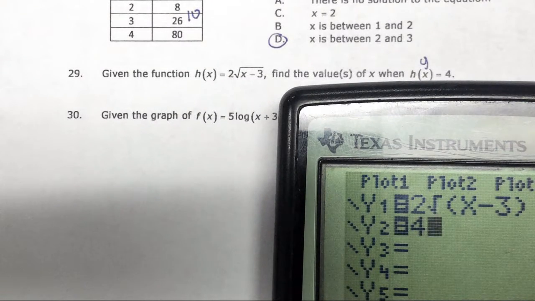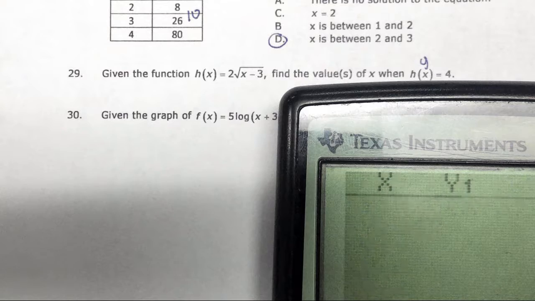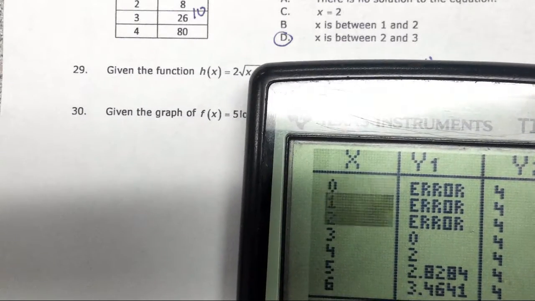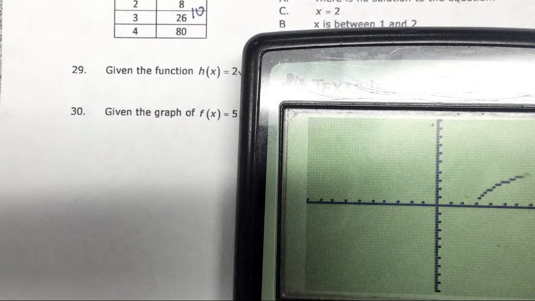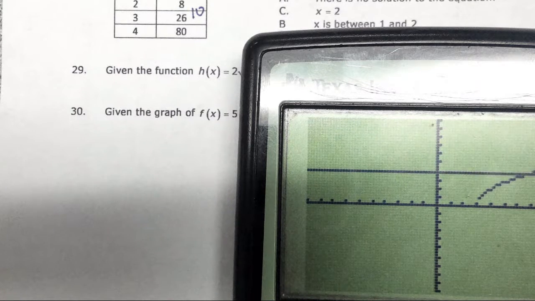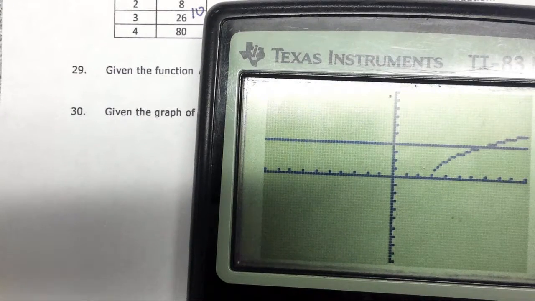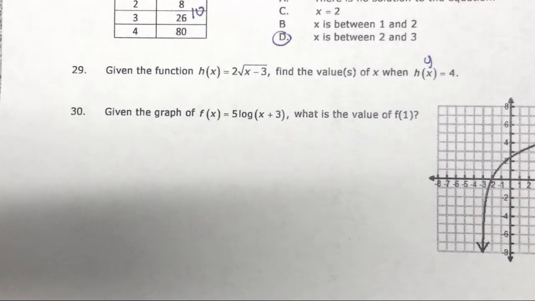So we put a 4 right there. We look at where y1 and y2 are the same. 7. Let's look at the graph just to make sure there's only one solution. Sure enough, it only touches once. So it's going to be x equals 7.